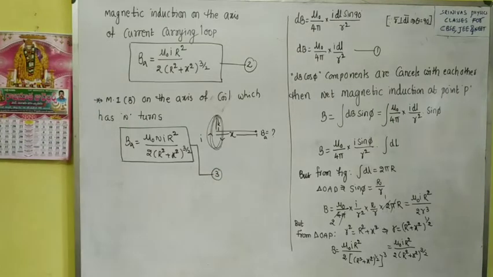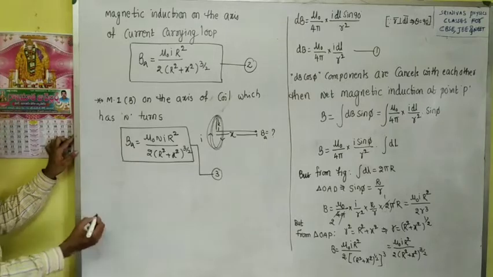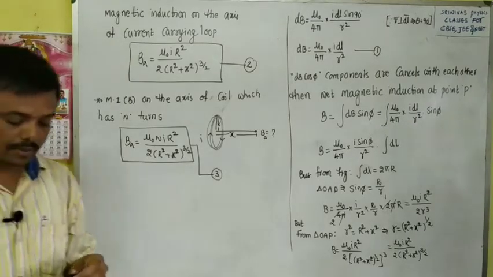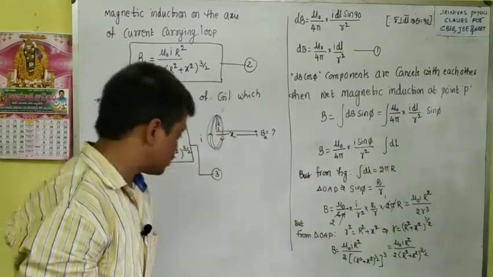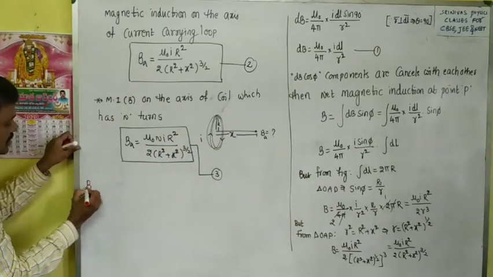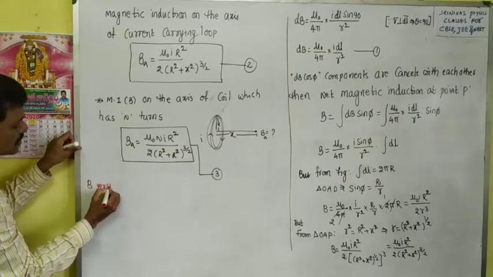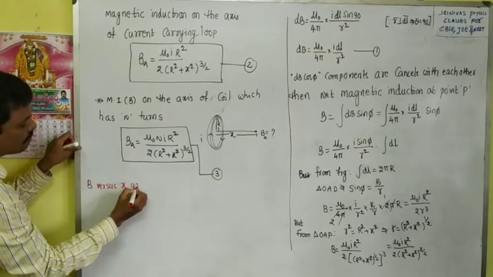Now we have derived the magnetic induction on the axis. If you want to know the direction of the magnetic induction, or if you want to draw the graph between B and X, for example, I am going to draw a B versus X graph. How do you get it?